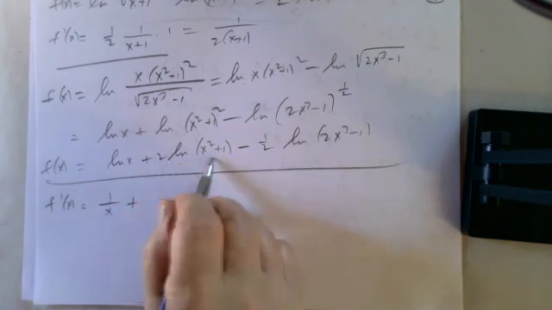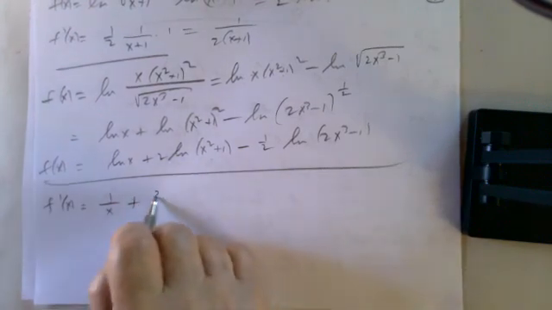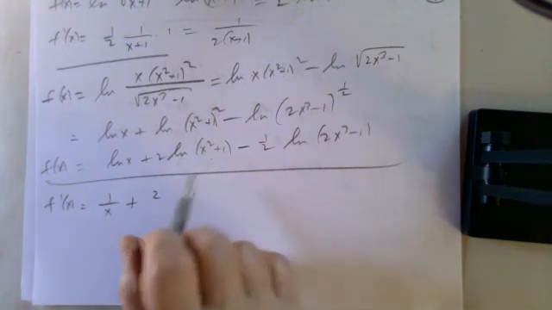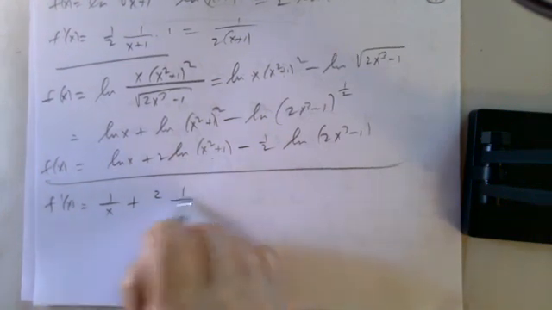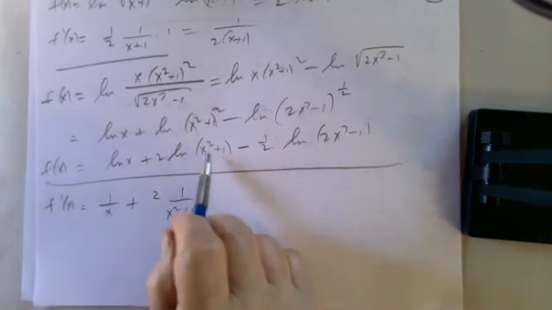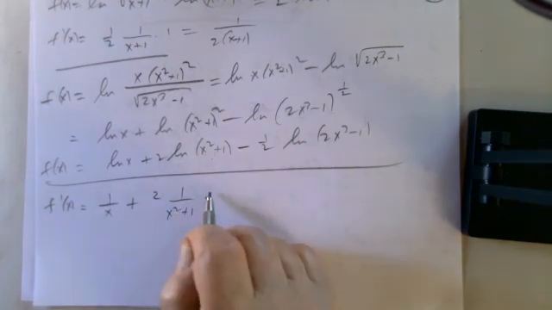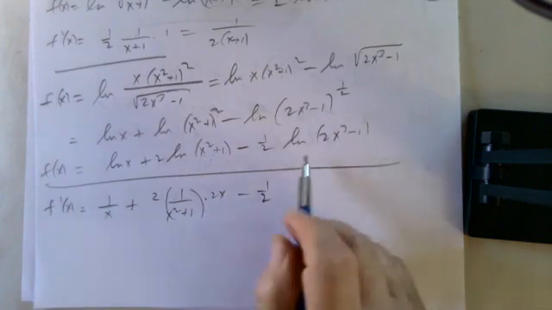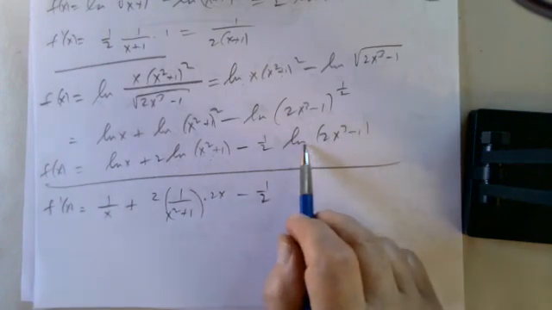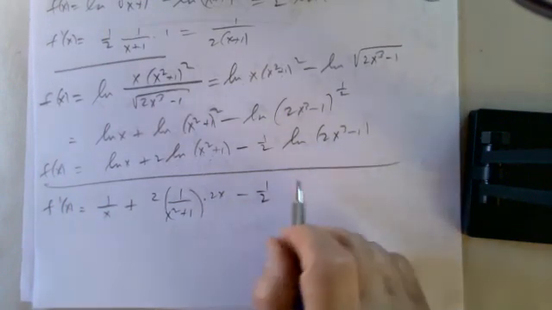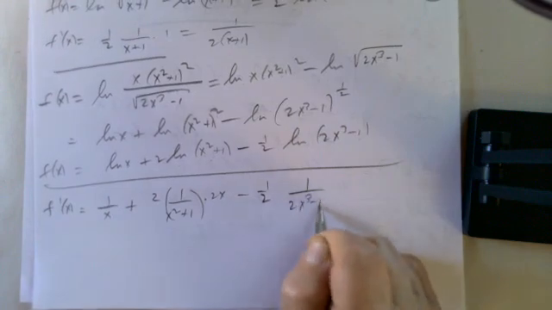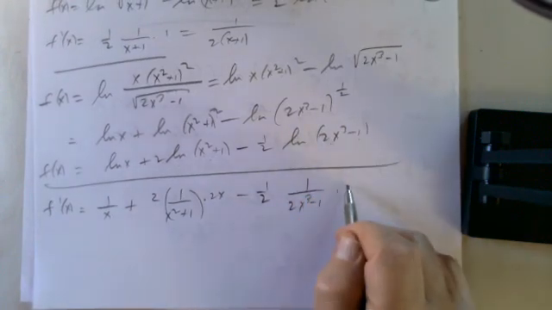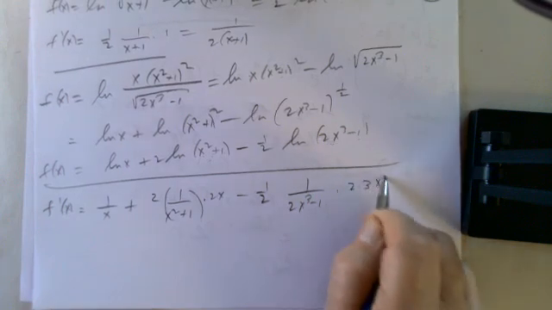The derivative of 2 times the log of x squared plus 1: if this is u, the derivative of log u is 1 over u, so 1 over x squared plus 1, times the derivative of x squared plus 1, which is 2x. Minus 1/2 times the derivative of the log of 2x cubed minus 1, which is 1 over 2x cubed minus 1, times the derivative of 2x cubed minus 1, which is 2 times 3x squared.